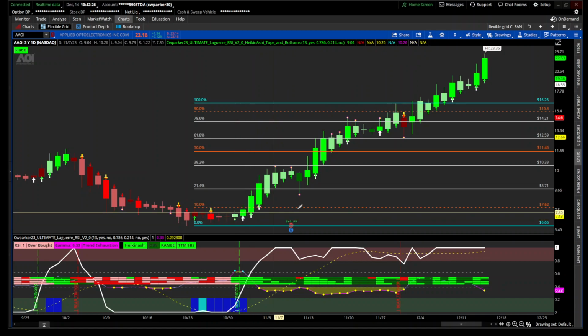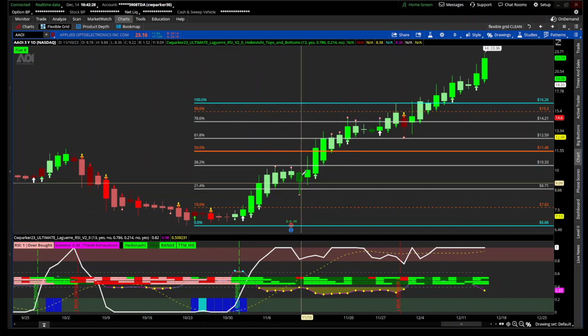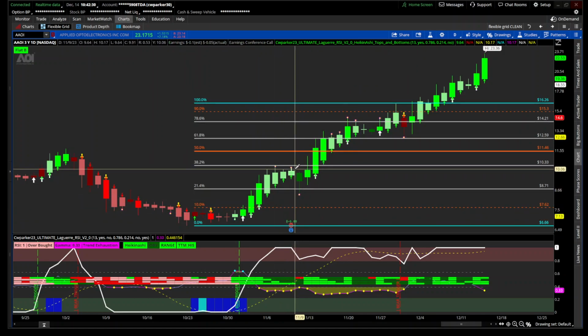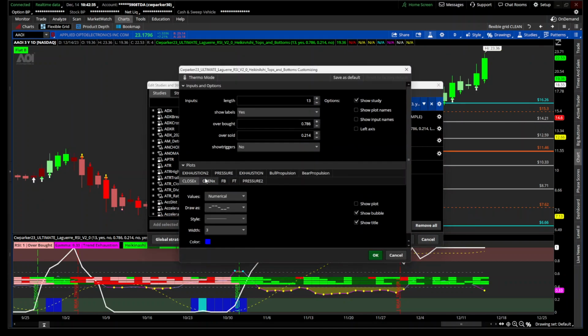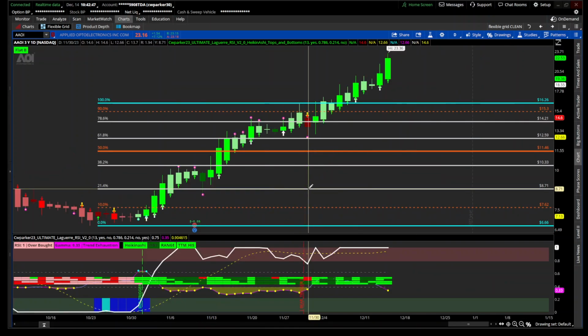The other thing that's in here are these exhaustion dots. You can see these purple dots right here. Let me make them a little bigger. Once you get the indicator, you can make them as big or small as you want them to be. But for the most part, I'm trying to highlight where the pressure is. Here we go. Highlight the dots.